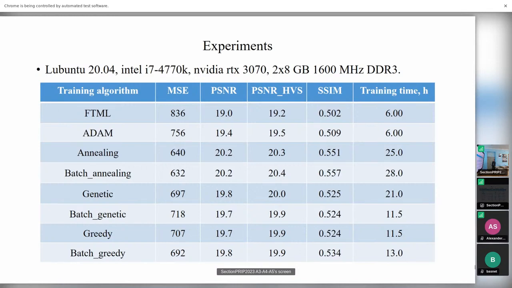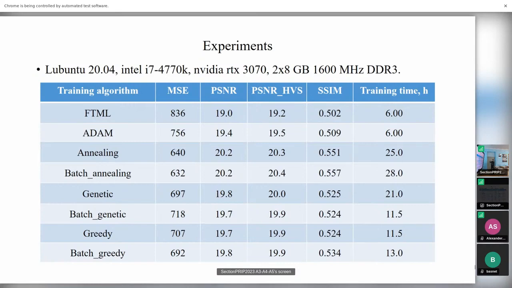First, between annealing and batch annealing. Scalable modification should speed up our training, but it does not in this case. Why? Because annealing methods, according to the Hajek theorem, reach the optimal solution at an infinite number of iterations in probability. So scalable modification helps us to perform more iterations in the same amount of time.